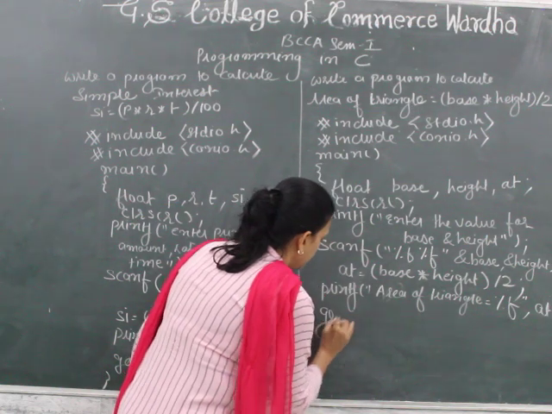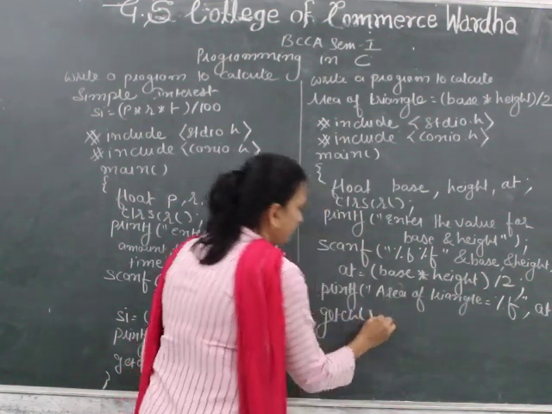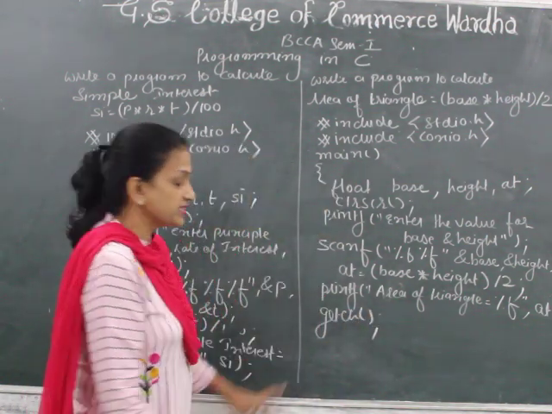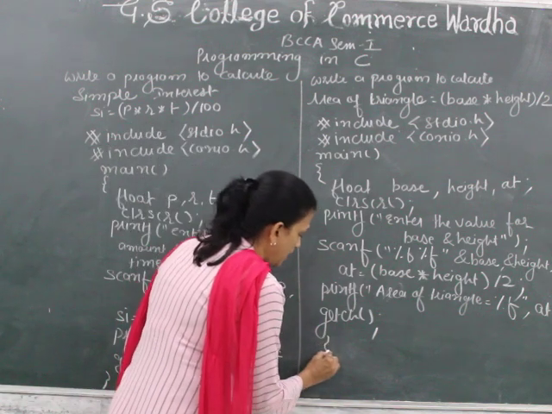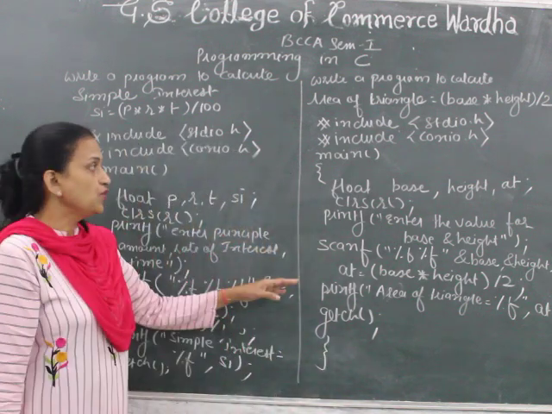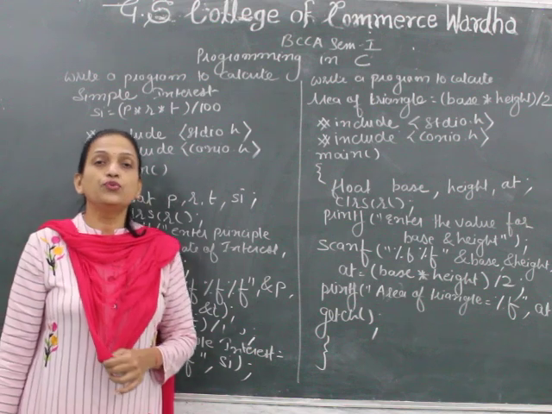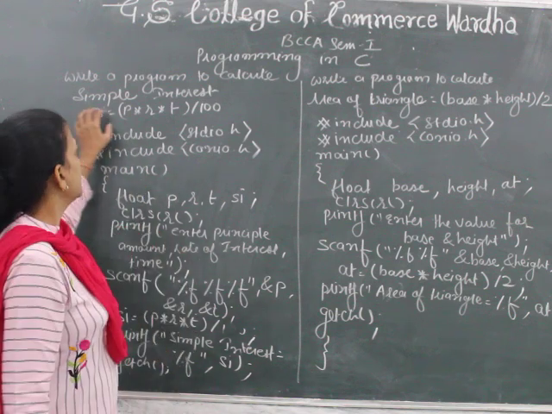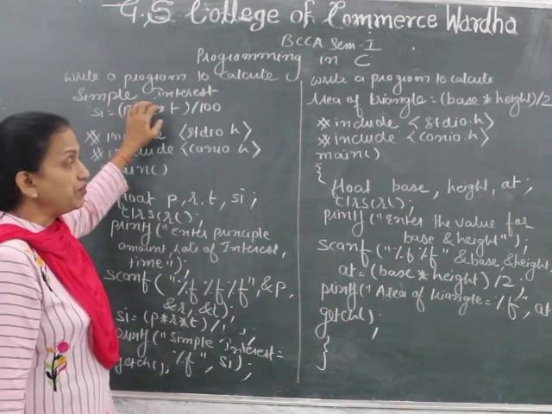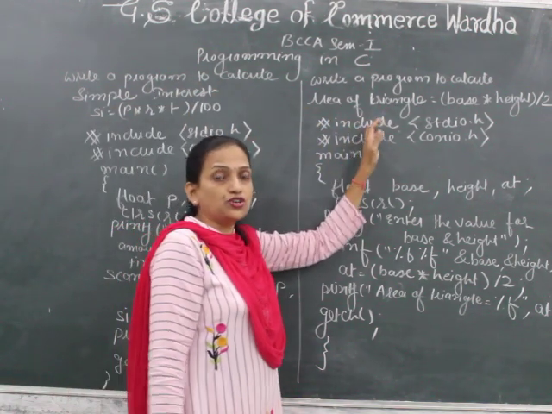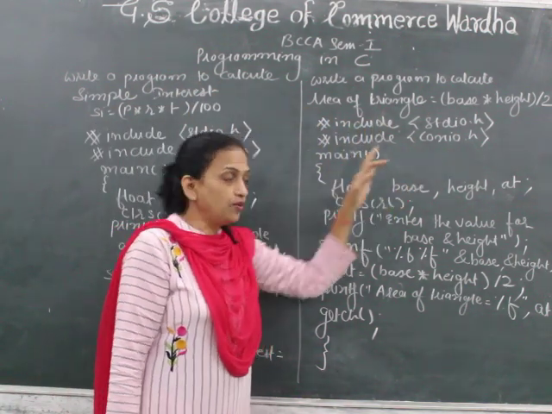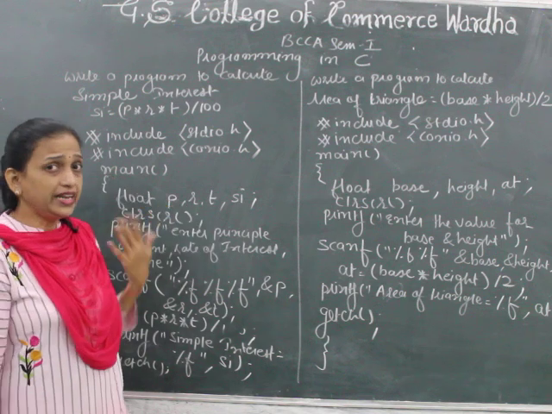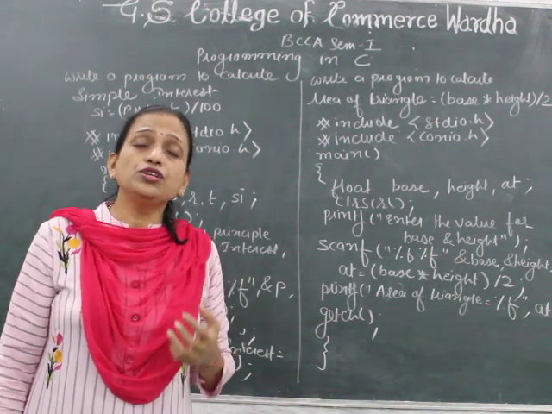And after calculating, one more function you need to add over here, that is the getch function, and close the curly brace. So in this lecture we learned two programs: the calculation of simple interest and the calculation of area of triangle.